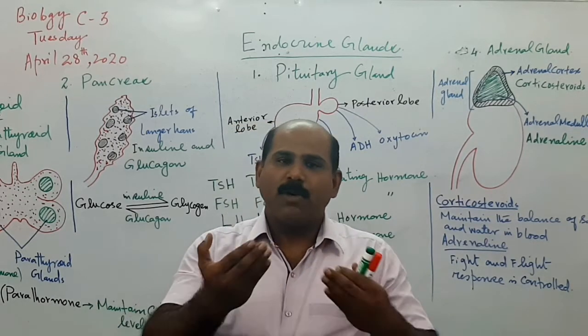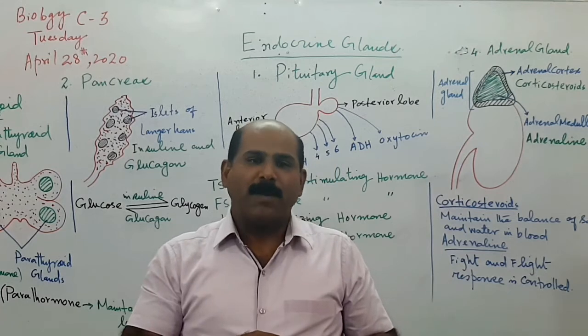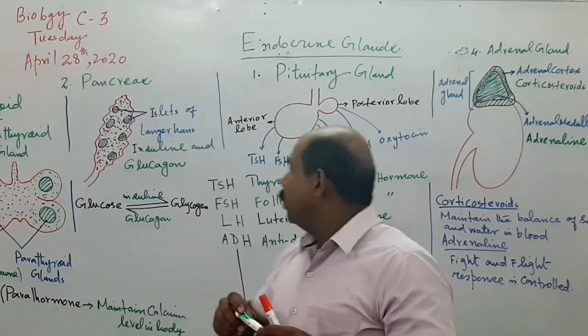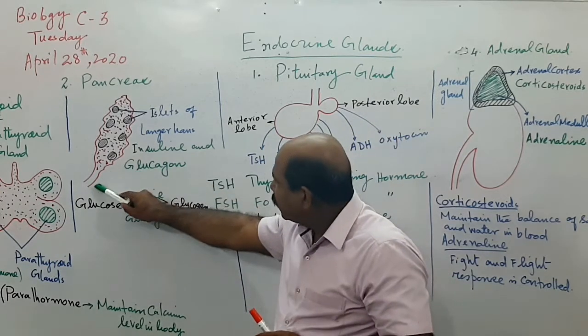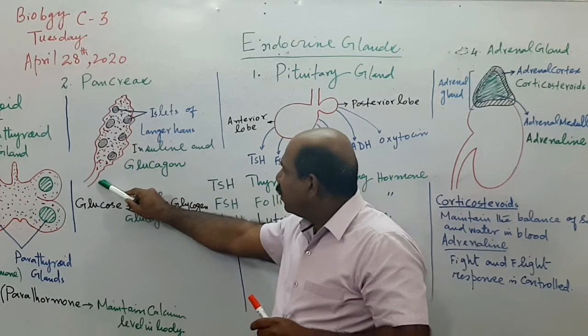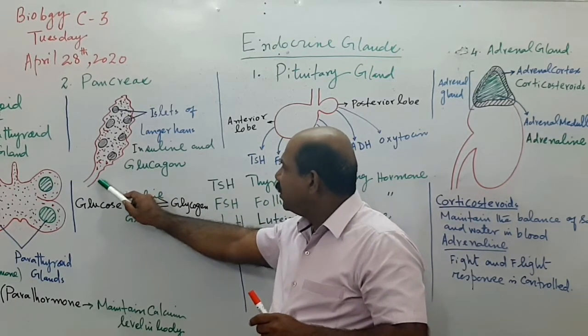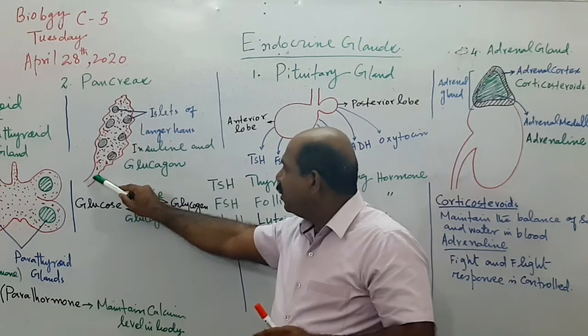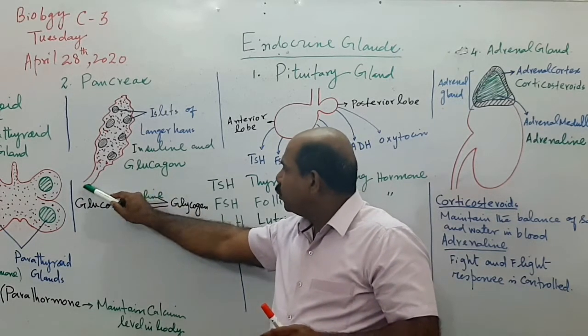You remember in the chapter of nutrition in mammals, it produces pancreatic juice through this duct, which is called the pancreatic duct, and the pancreatic juice contains different enzymes, not hormones.